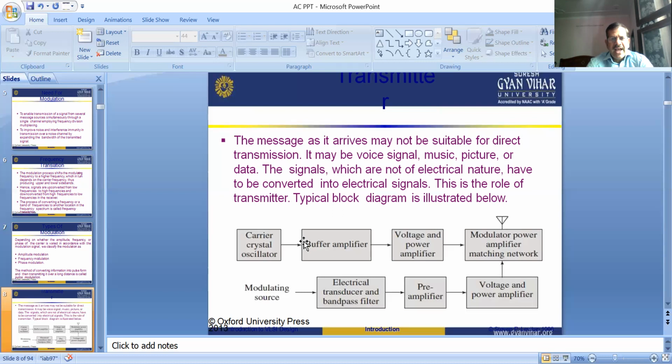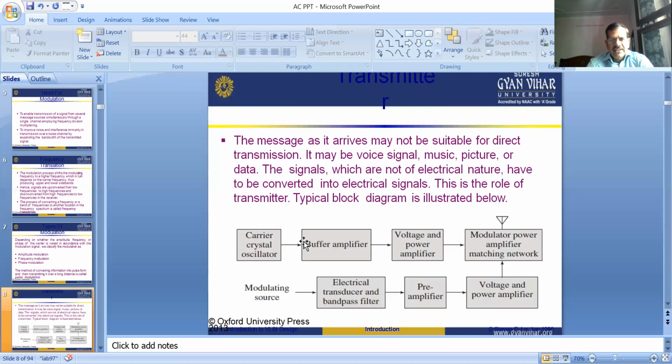Carrier signal means a high frequency signal generated by the crystal oscillator. It is an electronic device generally used to generate the high frequency carrier signal.